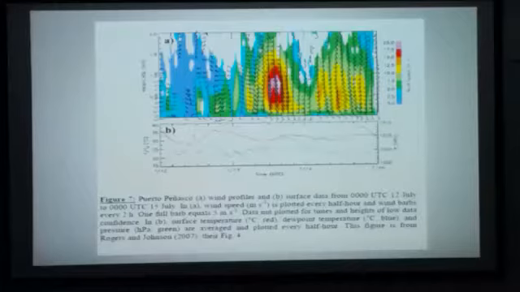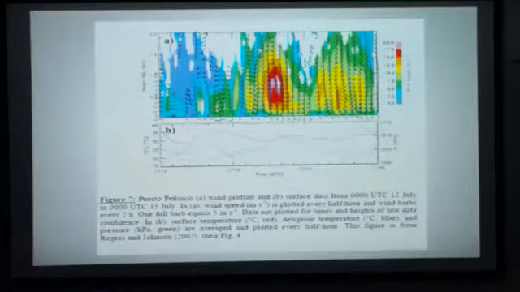And so one thing we were interested in when we simulated this case, as I mentioned, it's well studied, especially by the group of folks from Colorado State working with Dick Johnson and colleagues. So this is work from a master's student of Dick Johnson's published back in 2007, and he looked at wind profiler data collected from Puerto Peñasco.